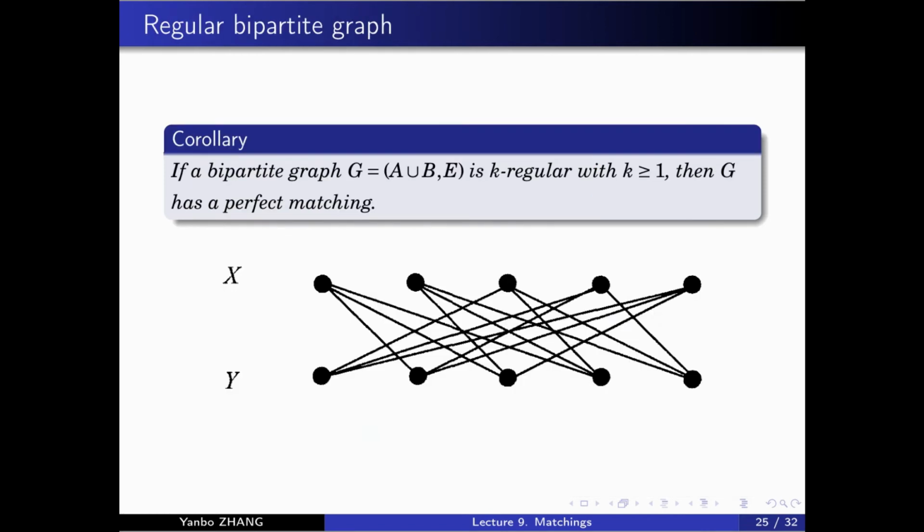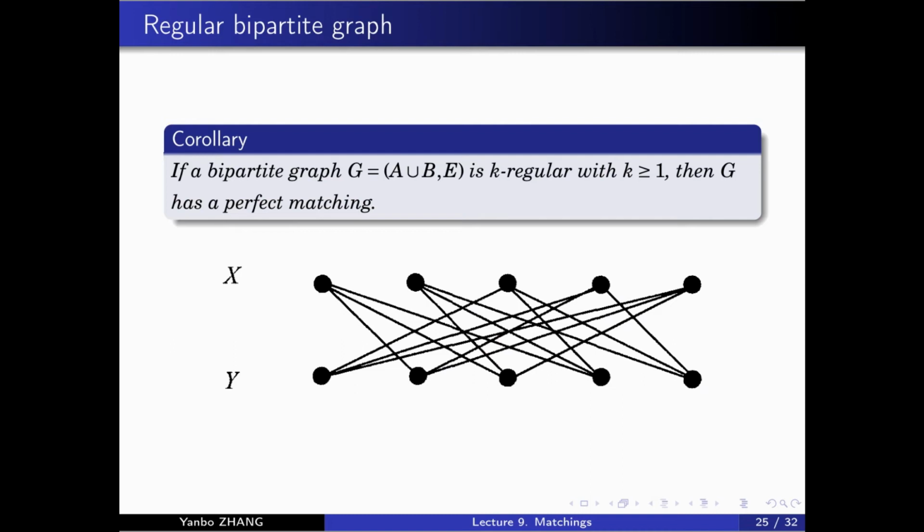The second corollary is about a regular bipartite graph. It says that a regular bipartite graph contains a perfect matching. If a bipartite graph G equals (A union B, E) is k-regular with k greater than or equal to 1, then G has a perfect matching.